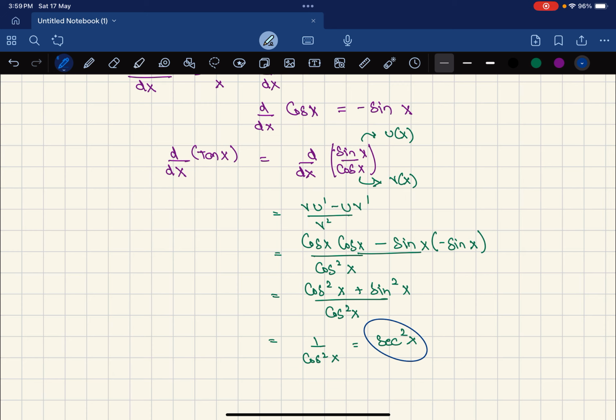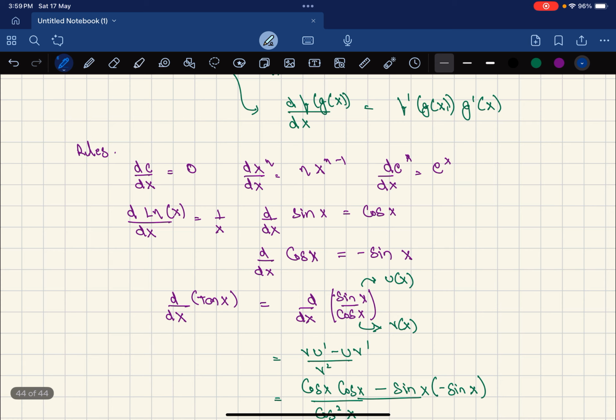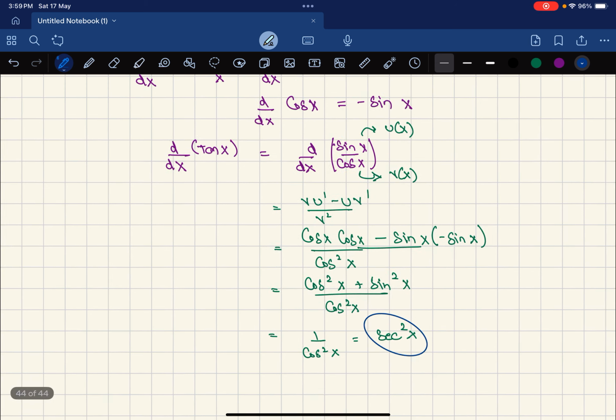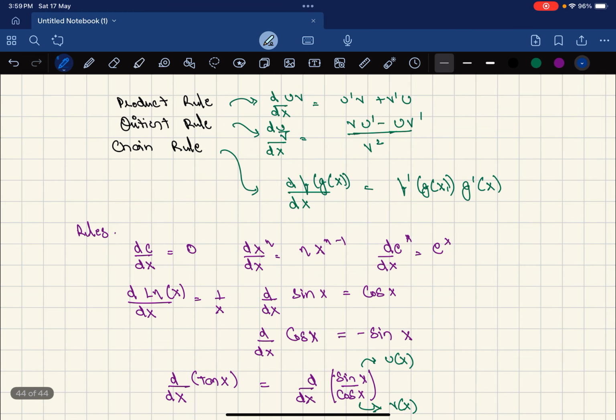So this is how we can get derivatives of many complex functions. Now that we have some understanding of finding the derivatives of exponential functions, trigonometric ratios, as well as the log function, which was 1 by x, I think we are good in terms of finding the derivative of most functions.